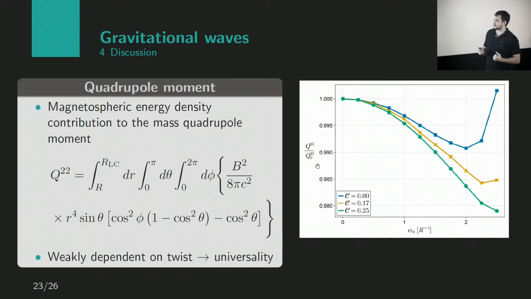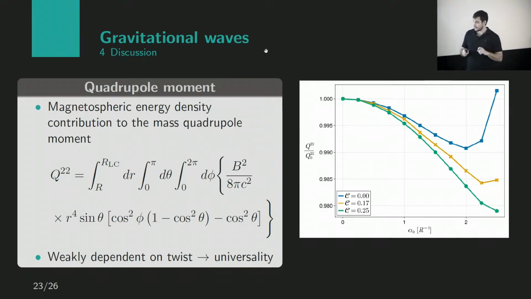What we found is that this does not depend on the twist too much. So here there is some structure to these curves, but if you see the axis, the difference is very small. So the idea is that no matter how twisted the magnetosphere is, the gravitational wave emission would be more or less the same, so universal for all magnetars, and it would only depend essentially on the magnitude of the magnetic field at the surface.